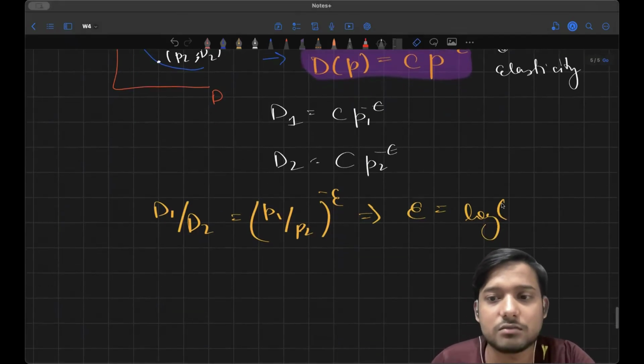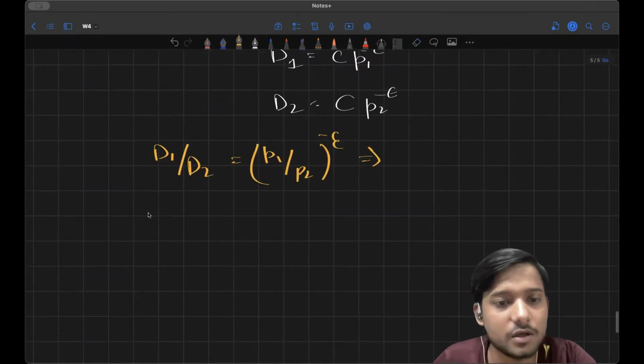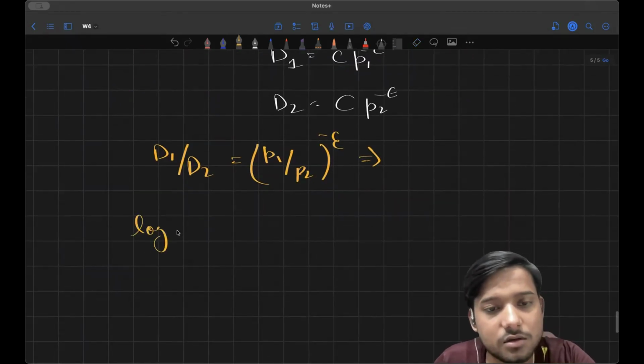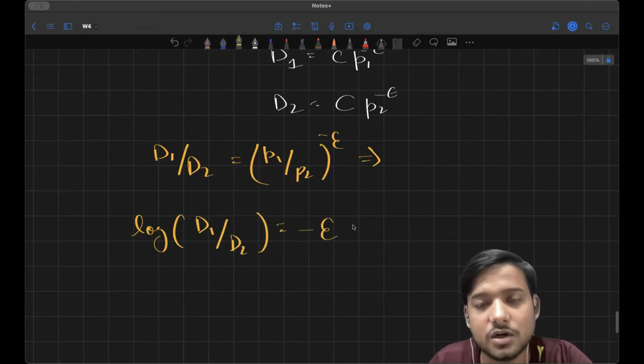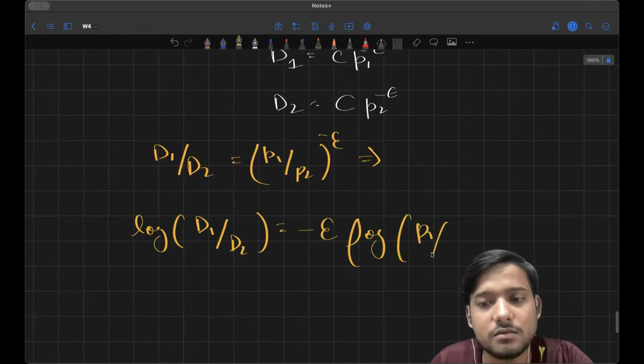Maybe I can just do it stepwise: log D1 by D2 is equal to negative epsilon, or elasticity, times log P1 by P2, right?